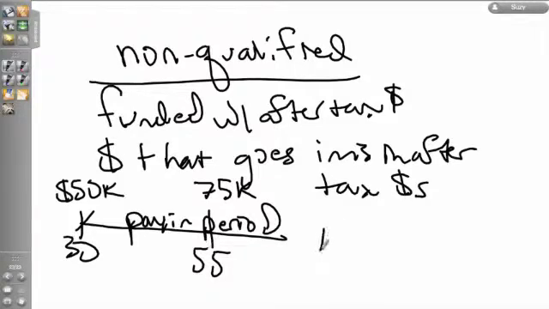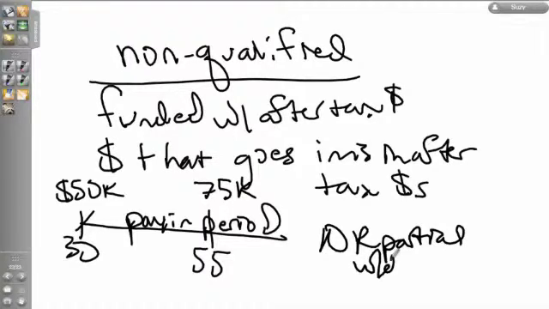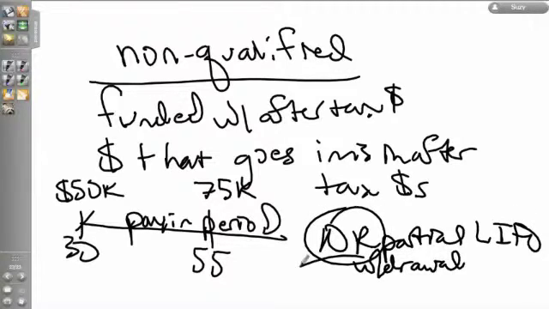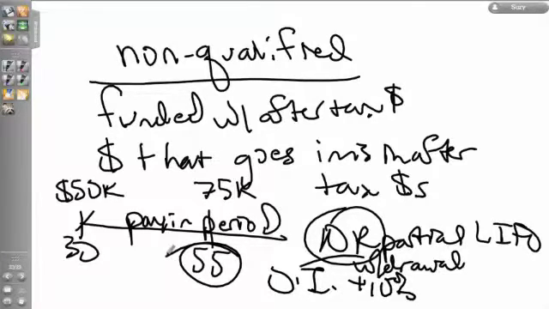If you decide to take out a $10,000 partial withdrawal at age 55, we have that rule, we talked about this, it's called LIFO, last in, first out, so that 100% of the $10,000 is taxable. How? Ordinary income rates plus a 10% penalty, because this is a retirement product and I'm under age 59 and a half. So we're aware of how that works.